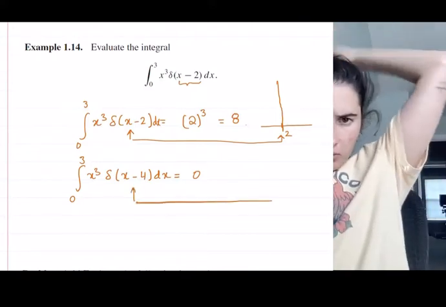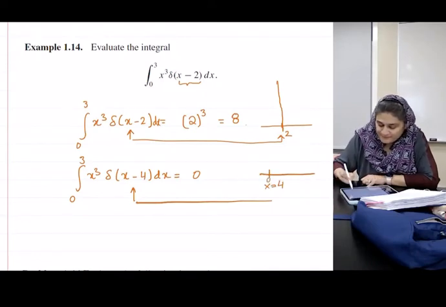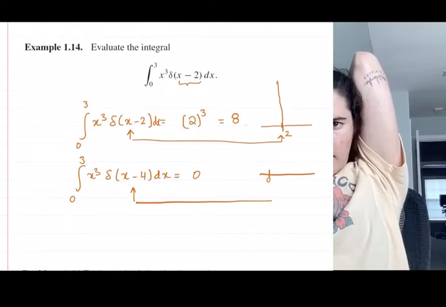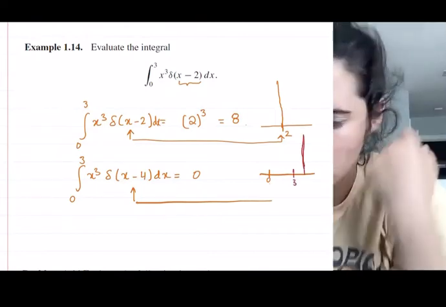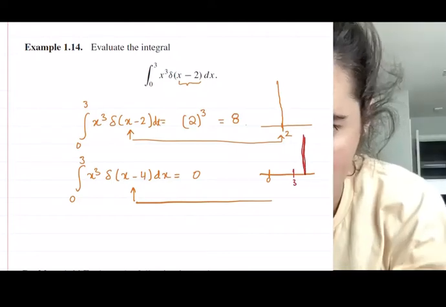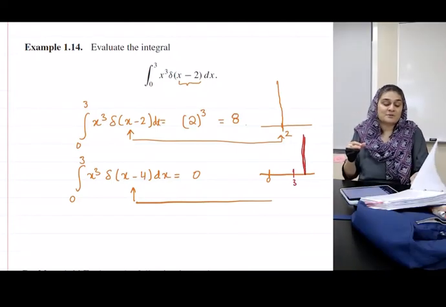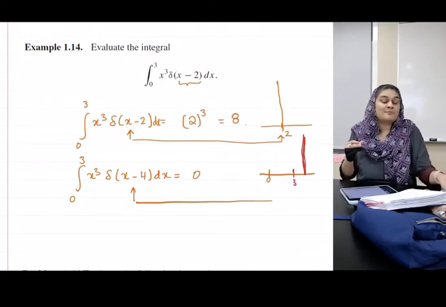X equals 4. Good. So your limit of integration is from 0 to 3, and it's outside of that range, the function exists here. So what should your answer be? 0. Done.